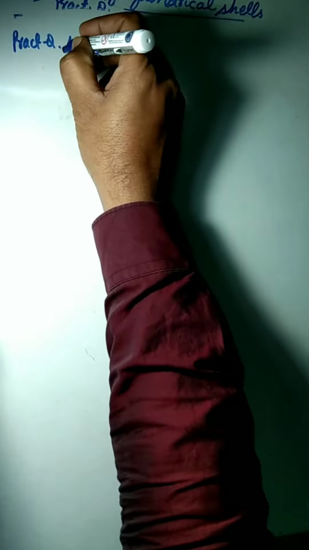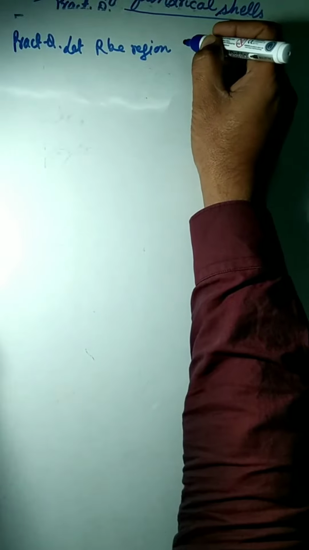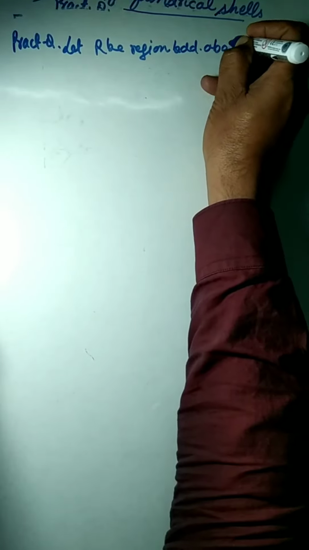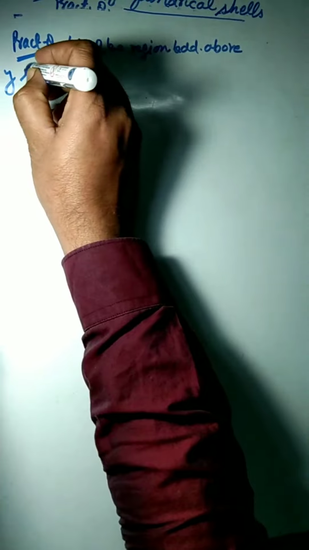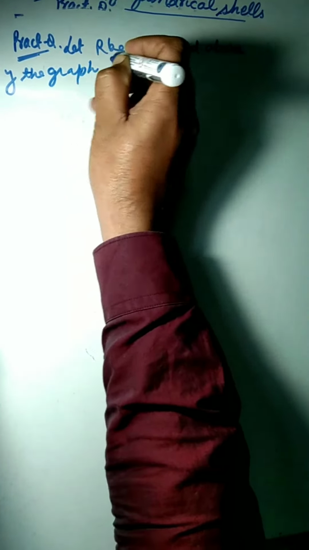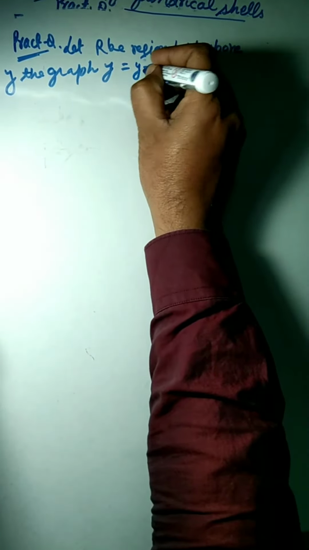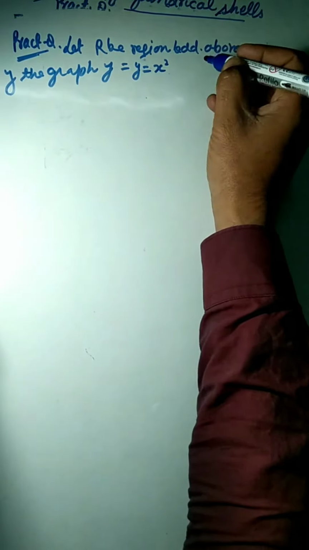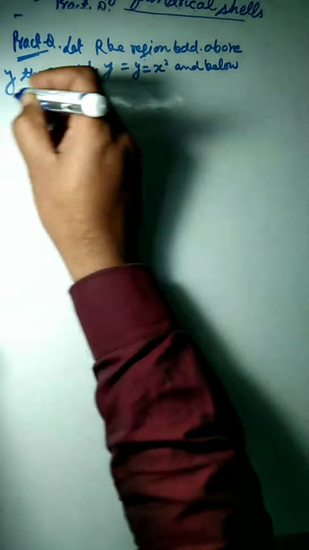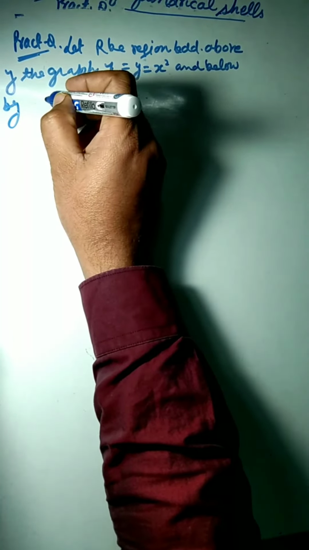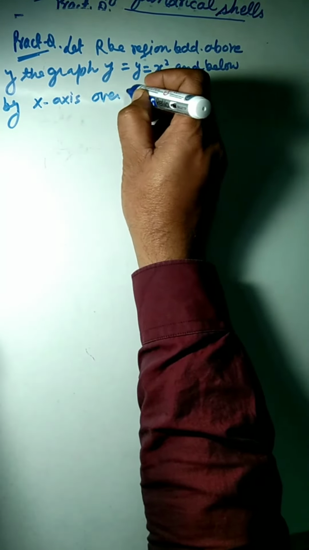Let R be the region bounded above by the graph y equals x square and below by the x-axis over the interval 1 to 2.